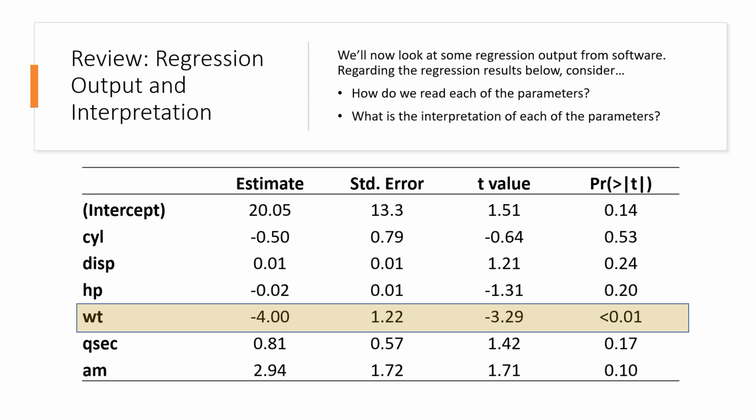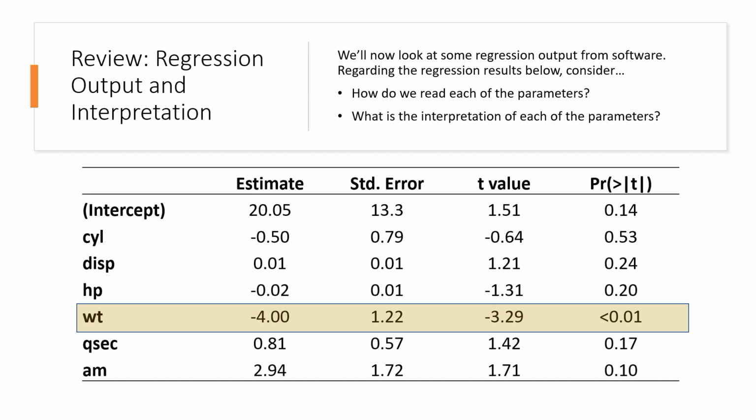It's worth noting, and this is a bit of a review, that if we had typed in weight in terms of single pounds instead of thousands of pounds, while the estimate would have changed, the standard error also would have changed. The t-value, that is our test statistic, would not have changed, and the p-value would also not have changed. So it's important to realize what changing the scale of your independent variable does in terms of your output.